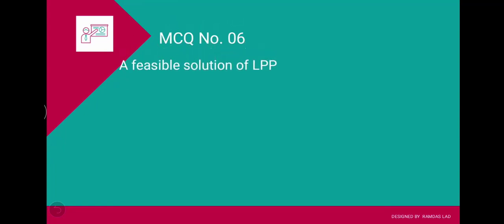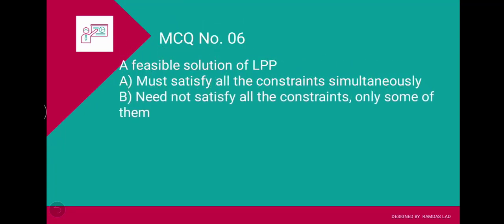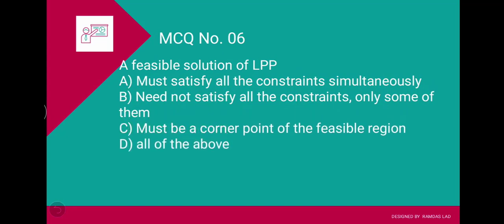Now, next question, question number 6. A feasible solution of LPP, option A, must satisfy all the constraints simultaneously. B, need not satisfy all the constraints, only some of them. Option C, must be a corner point of the feasible region. And option D, all of the above.